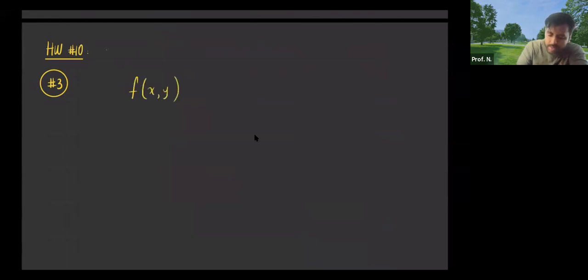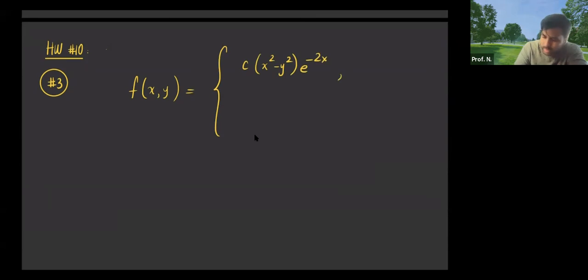So again, we have this joint probability density function c times (x squared minus y squared) e to the negative 2x, when x is between 0 to infinity and y is between negative x and x. This is 0 otherwise.